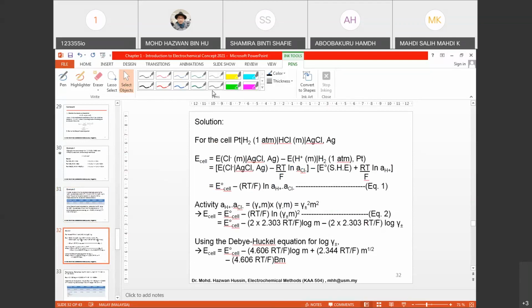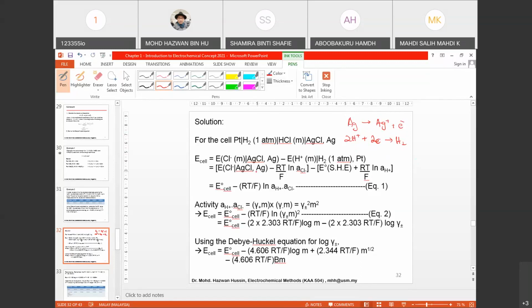If you allow me, you can write the half equations. Ag will become Ag plus plus an electron, and then you have 2H plus plus 2 electrons becoming H2. So more or less these are the respective half equations for the anodic and cathodic reactions.